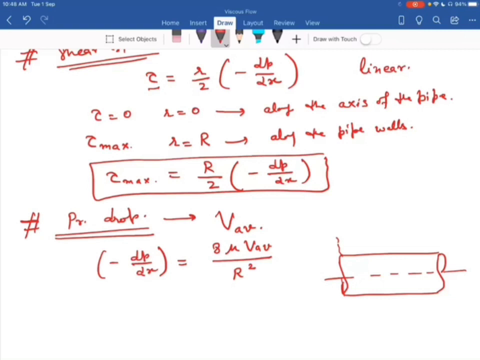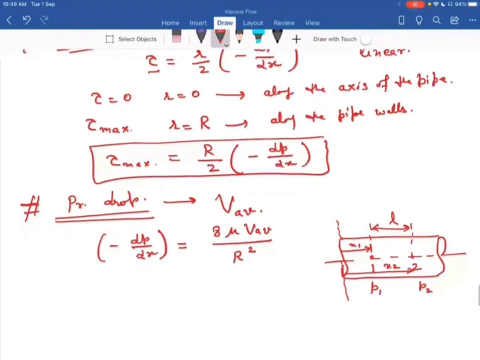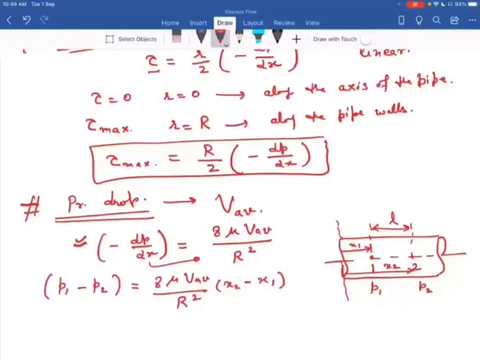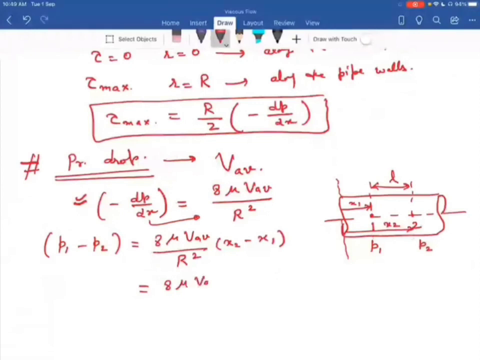We consider point 1 at distance x1 and point 2 at distance x2, so the length between these 2 points becomes L. At point 1 pressure intensity is P1, at point 2 it is P2. So from this summation you can write minus dp as P1 minus P2, equal to 8 mu V average upon R square, and dx is x2 minus x1, the distance between 2 points. So it becomes 8 mu V average L upon R square.